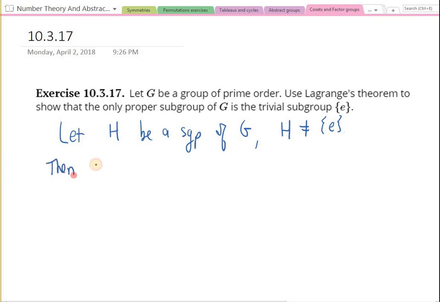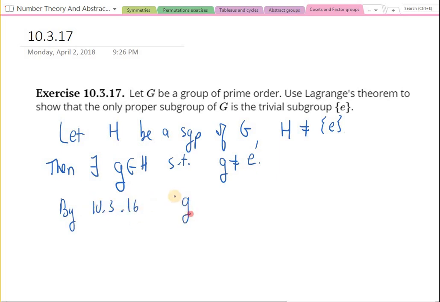So then there exists a little g in H such that little g is not equal to the identity. All right, and then what did you say after that? Well, you mean the orbit of g, yes.